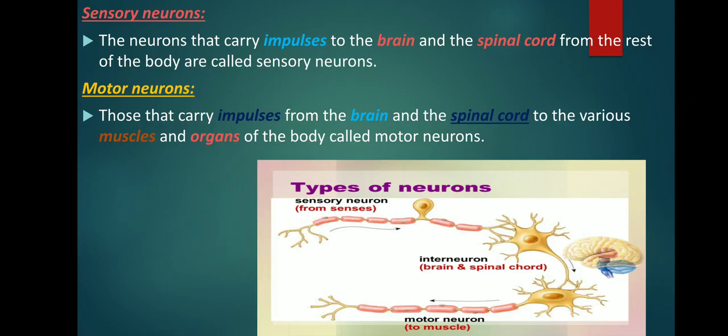Motor neurons use the information gathered by sensory neurons and translate it into action in your muscles and glands. It is your motor neuron that would actually initiate the muscles in your arm to lift off of the hot stove, responding to the signal from the sensory neurons. Those that carry impulses from the brain and the spinal cord to various muscles and organs of the body are called motor neurons.